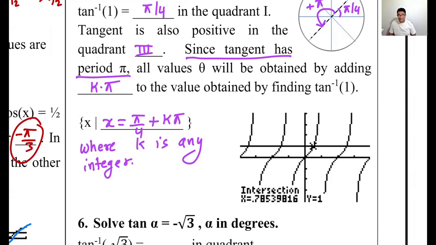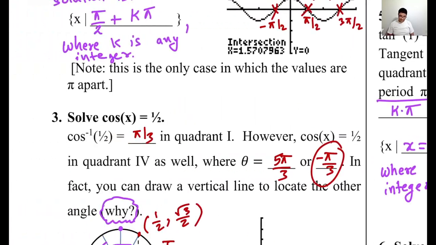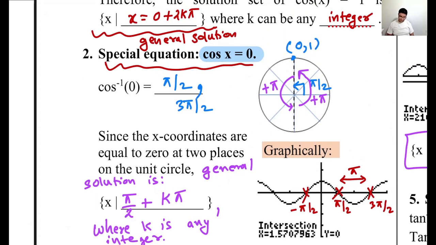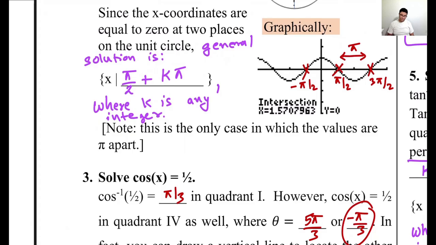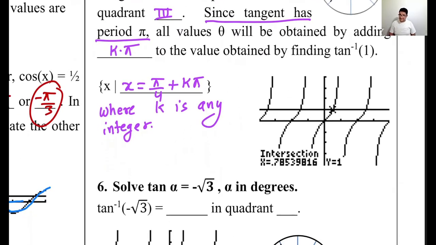That's it. And now you might wonder, did we not do something like this before? We did that for the special case of cosine equal to 0. Okay, we said that the solution would be pi over 2 plus k pi, right? In the same way, here we are saying the solution of tangent is pi over 4 plus k pi.